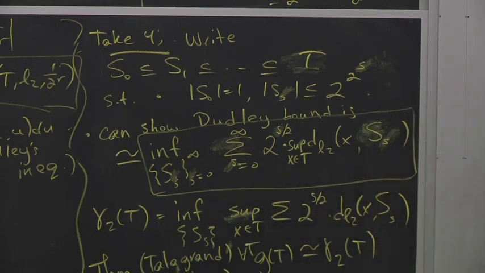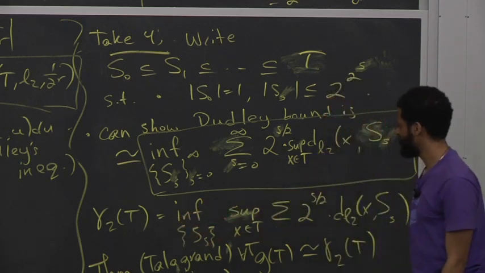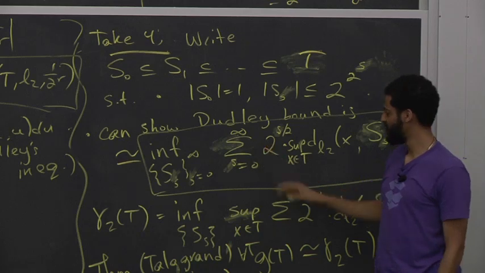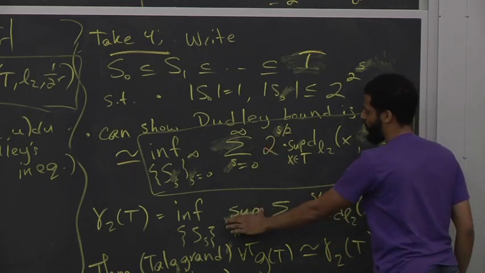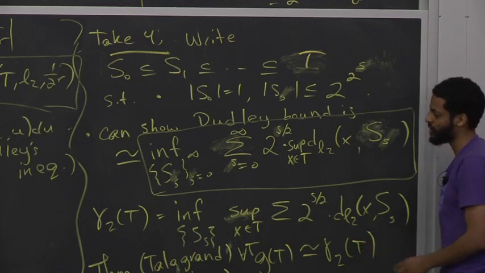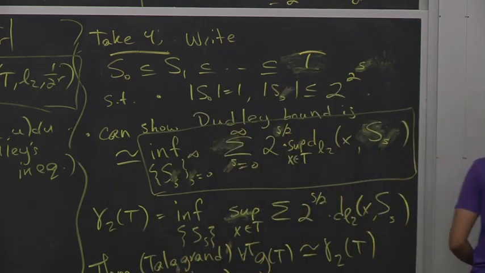So gamma 2 is like the optimal way to bound G of t. Up to a constant factor, this thing exactly captures the mean width. Notice that this bound is potentially better than the Dudley bound because you always get an upper bound by moving the sup inside the sum. I'm not going to prove this, but I'll put the proof of the upper bound in the notes and a reference to the lower bound.